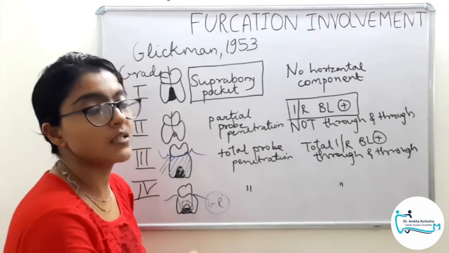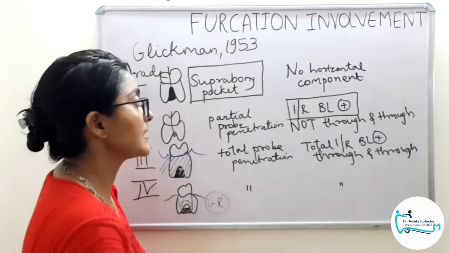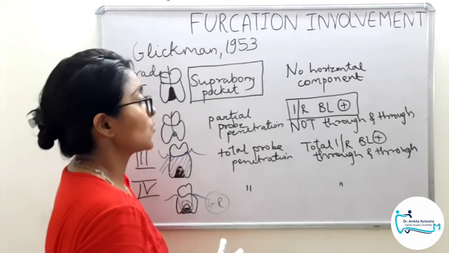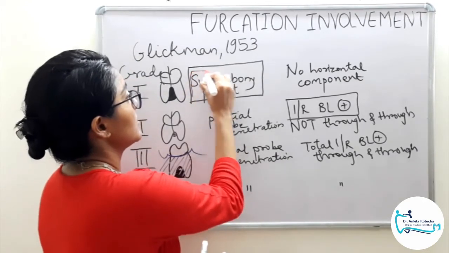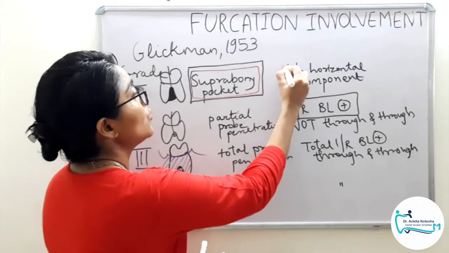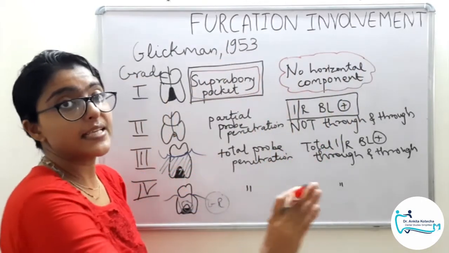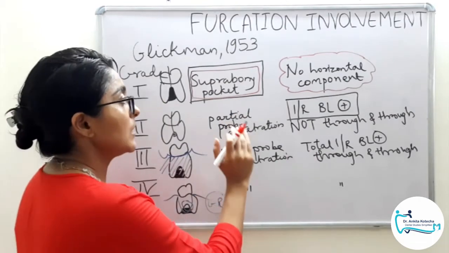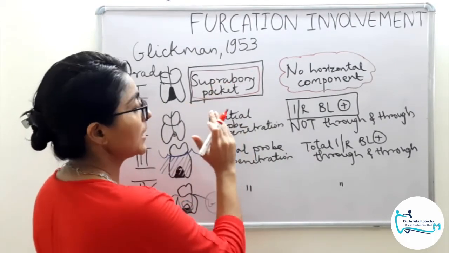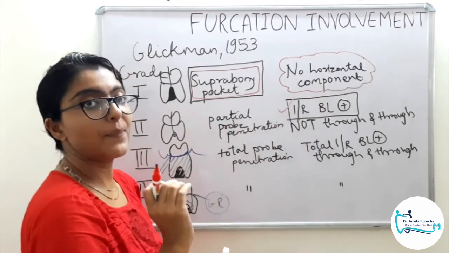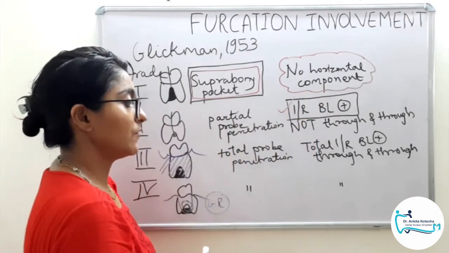We will have a quick summary of this classification highlighting the differences. Grade 1 has only suprabony pocket. Please remember, no horizontal component, that is interradicular bone is intact, grade 1. Now comes the main difference between grade 1 and the rest of the grades, that is interradicular bone loss begins from grade 2 onwards.